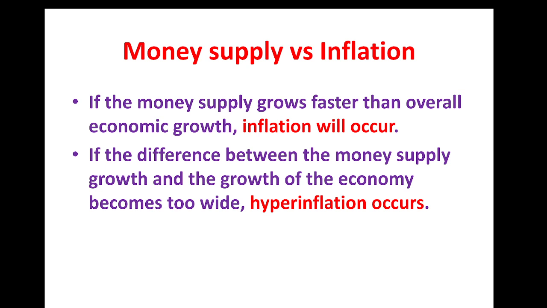Now, what is the effect of money supply on inflation? This is the last point. Why does government try to control money supply? Why does RBI try to control money supply? These are many important questions for you. The important point is that if money supply increases in the economy, then inflation will occur.